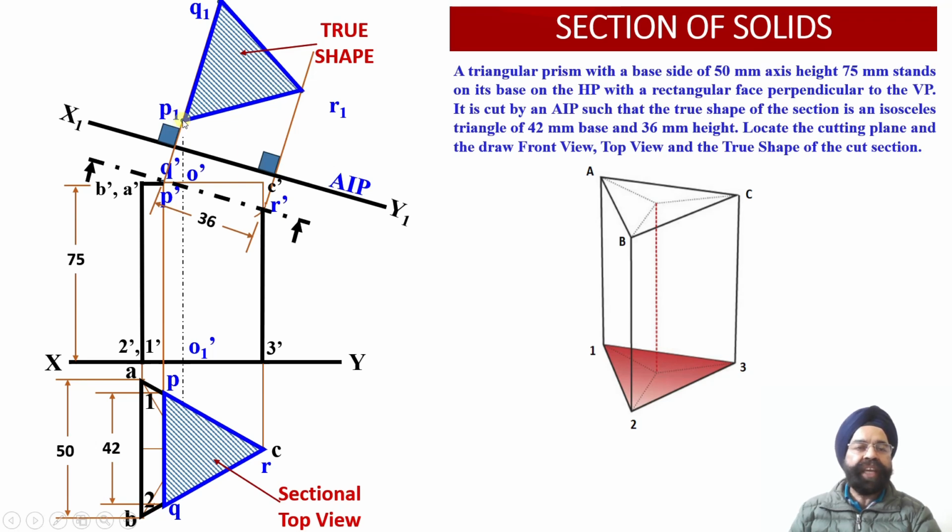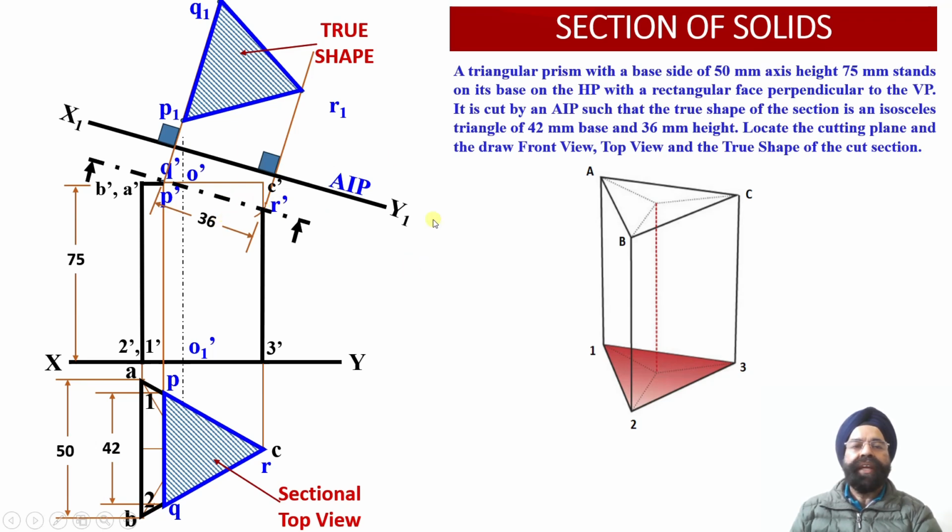And the third thing we can verify: we have discussed that this will be an isosceles triangle. So now we can measure the distance between P1 R1, and we can measure the distance between R1 Q1. We'll find that the distance of P1 and R1 and the distance between the points R1 and Q1 will be equal over here. So this becomes an isosceles triangle having base equal to 42 millimeter and altitude equal to 36 millimeter over here.